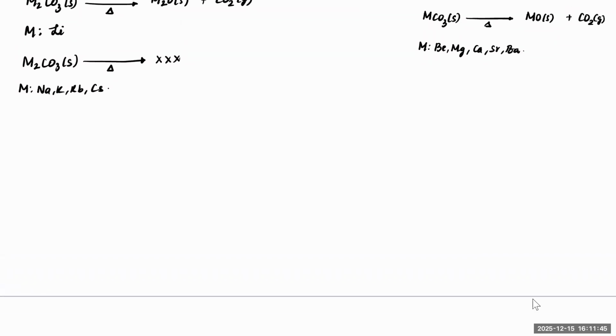Next. The second type, if you notice, is about bicarbonates. When you use the word bi, that means you have one hydrogen on it. So in case you talk about alkali metal bicarbonates, then you'll have M+ and HCO3−.